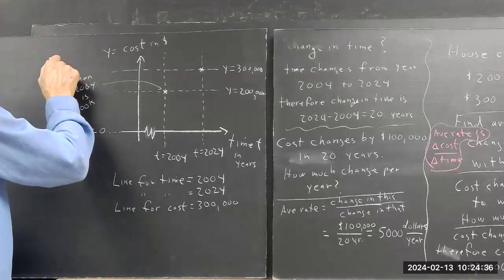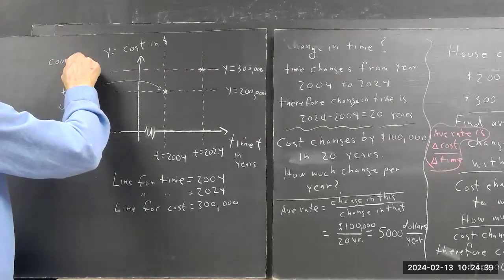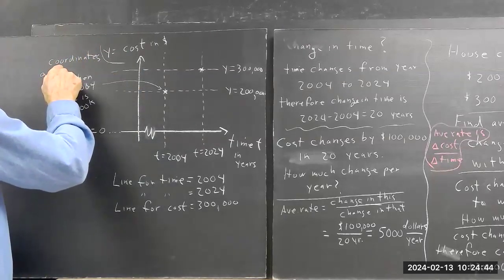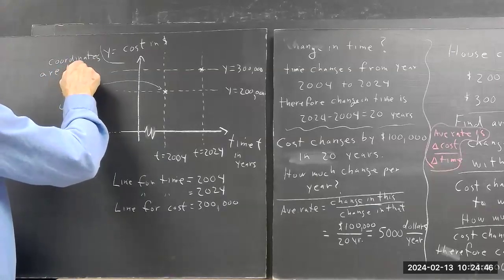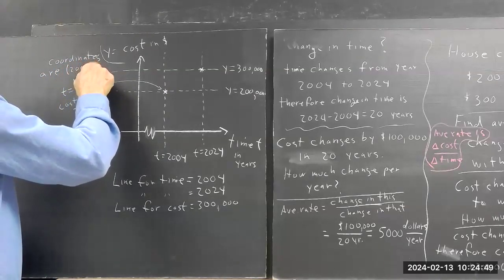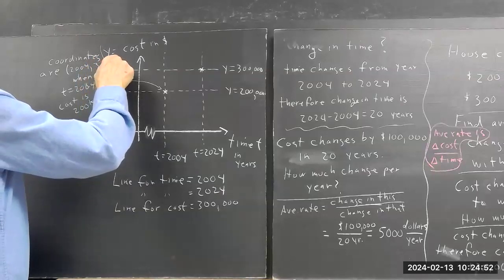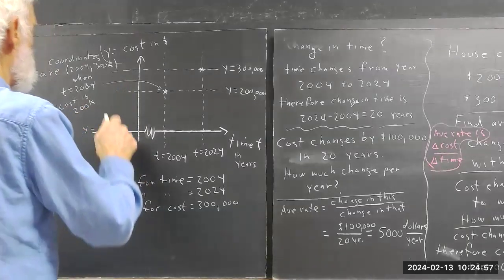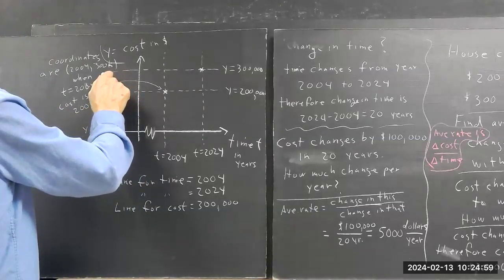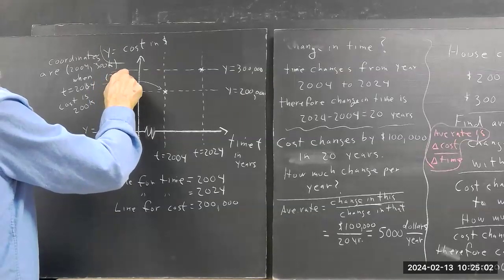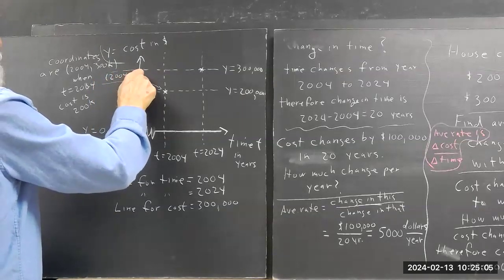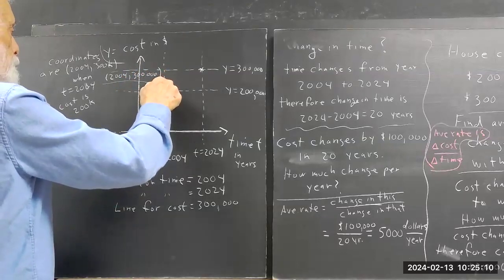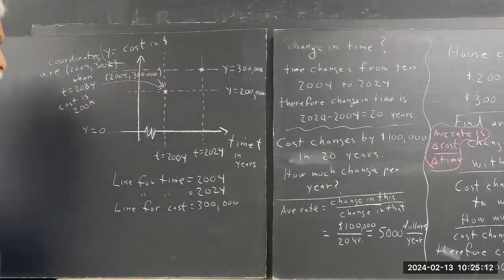And the coordinates are 2004, 300,000, or just 2004, 300,000.